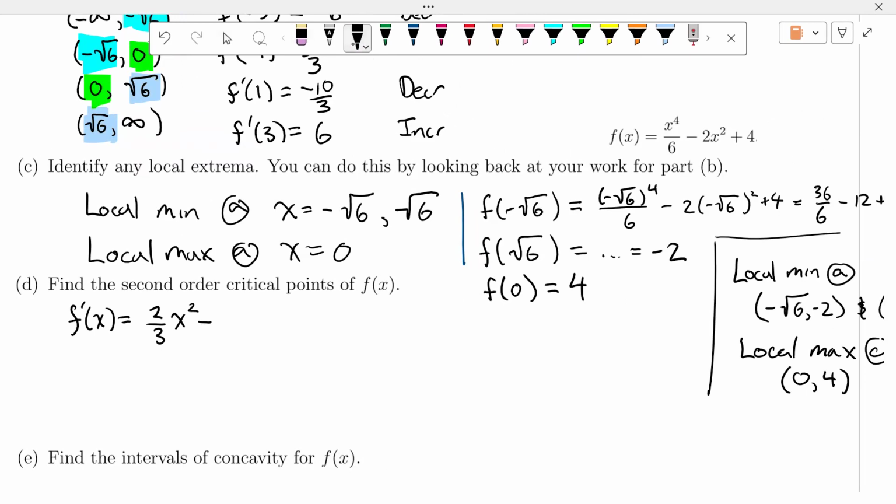So the first derivative, right? That was 2/3 x cubed minus 4x.